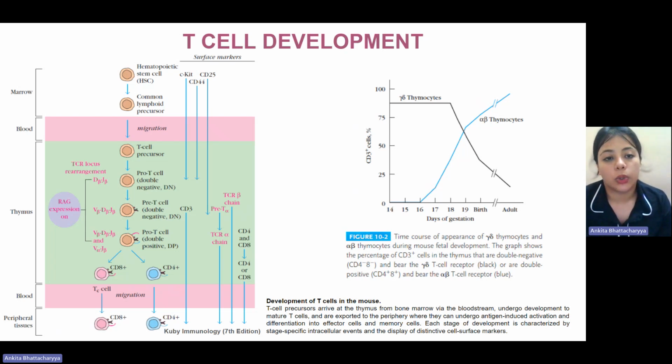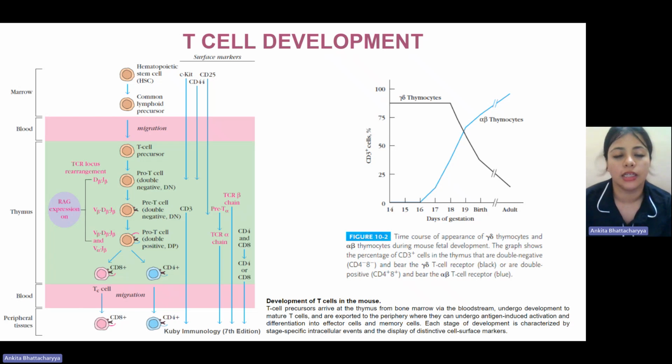Double negative means it is not CD4 positive or CD8 positive, so it lacks both of these surface antigens. Then how would you distinguish it from the T cell precursor?